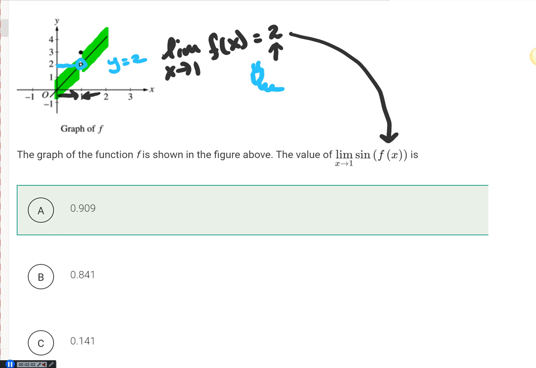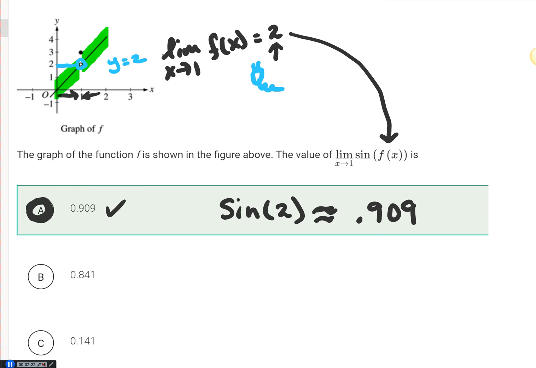And so then we find the sine of 2, and you can find that on your calculator. Be sure that you are in radian mode, but you're going to get something that is approximately 0.909, which makes this one right here, A, the correct answer.